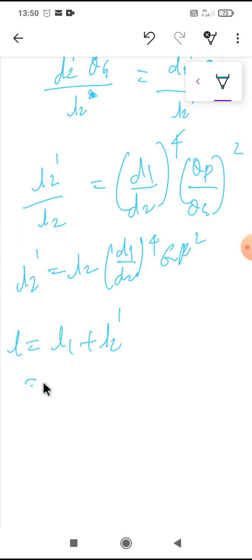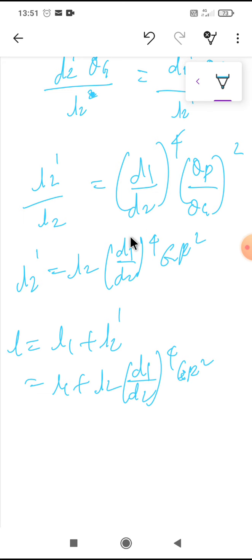So L is L1 plus L2 into (D1 by D2) raised to 4 into GR square. So this is the equivalent length of the equivalent system, having an equivalent diameter D1. So this is the formula for obtaining the equivalent system.